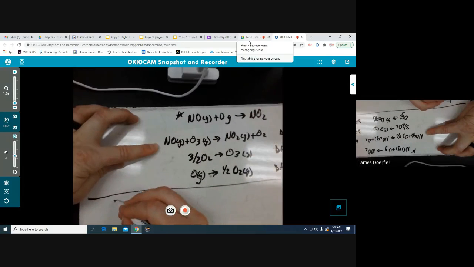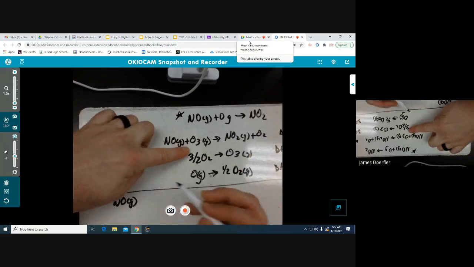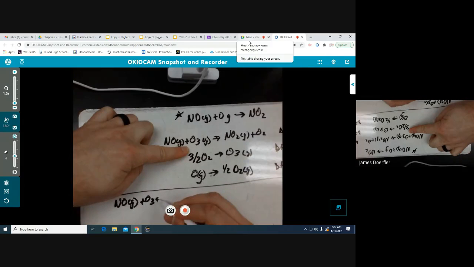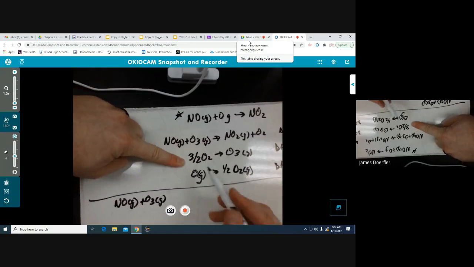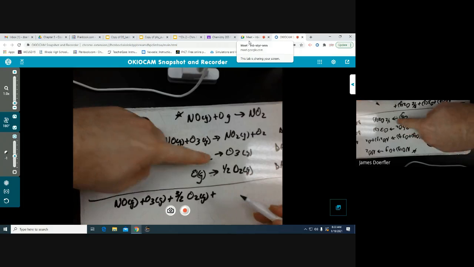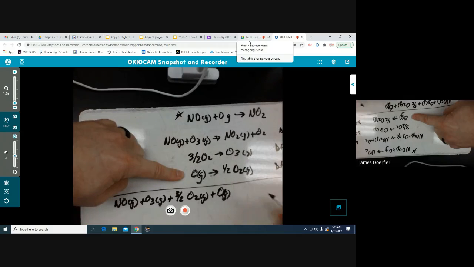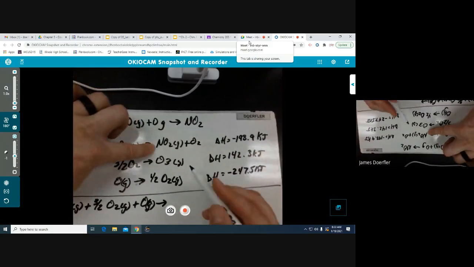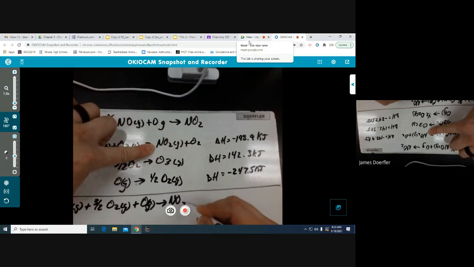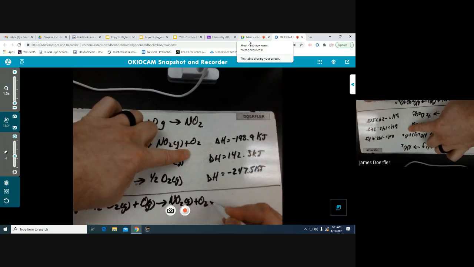I've got NO gas plus O3 gas. That's the last of the reactants there. Go move on to the second one. Plus 3 halves O2 gas plus O gas. And that's it for all my reactants. Okay. So then I move to my products. I've got NO2 gas plus O2 gas.